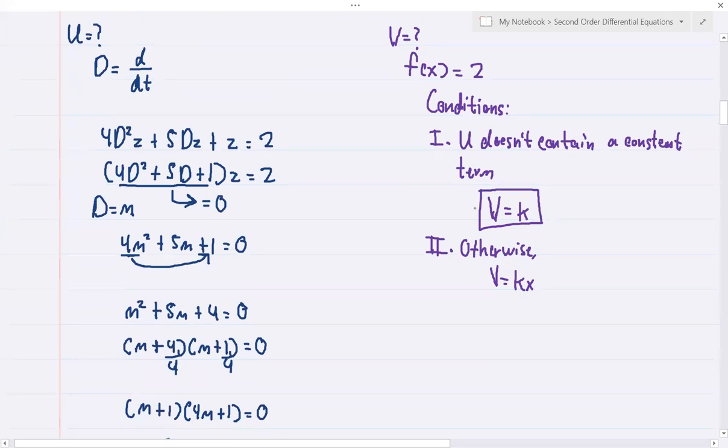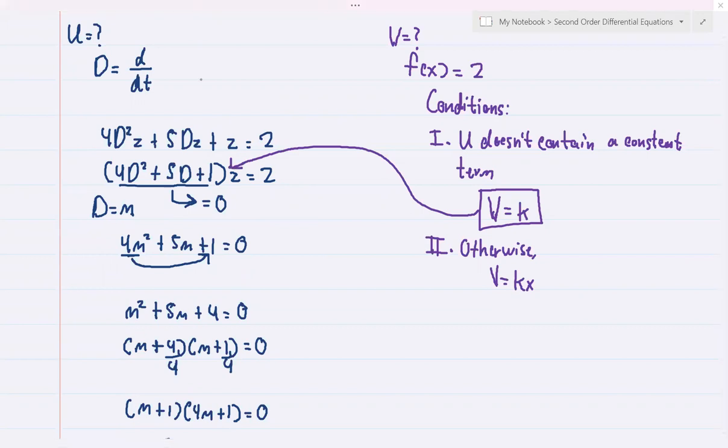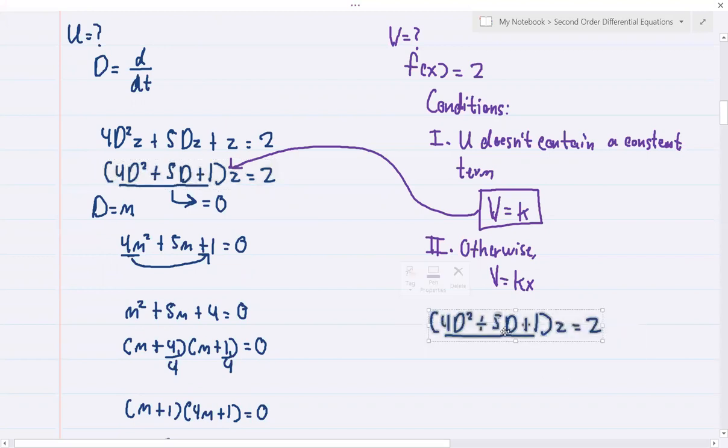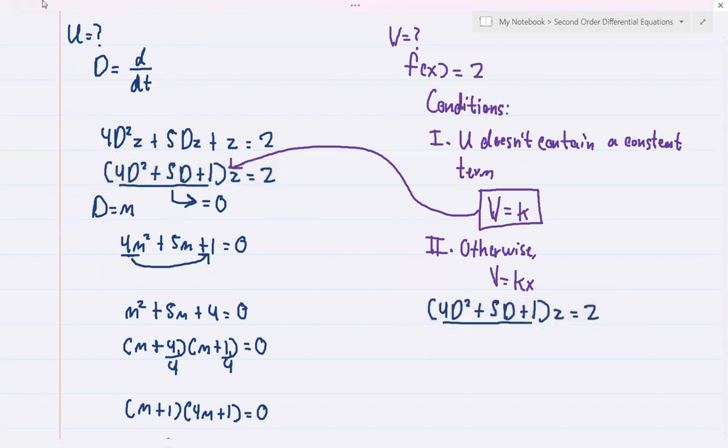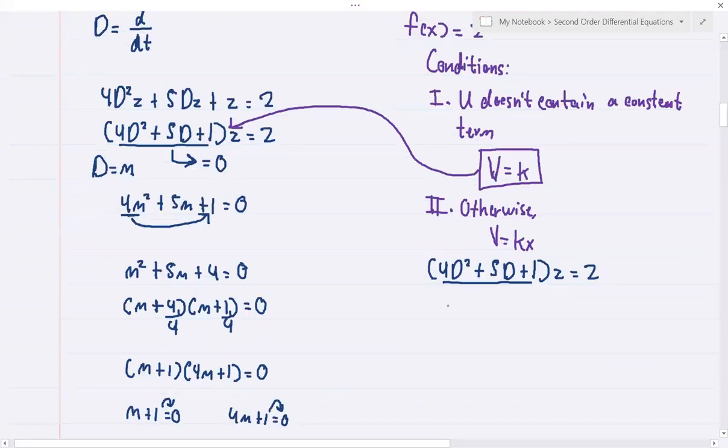So after that, what are we going to do? We will substitute it to your z in the D operator form. Let me copy this one. We will have 4D squared plus 5D plus 1 times your v is equal to 2.